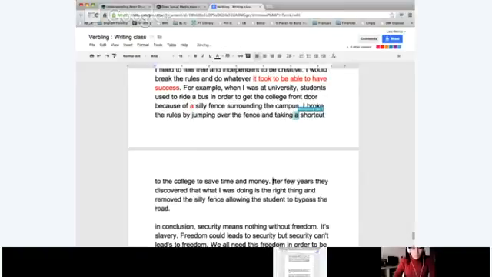Then I would just say after a few years, they discovered that what I was doing was the right thing and removed the silly fence, allowing the students to bypass the road.